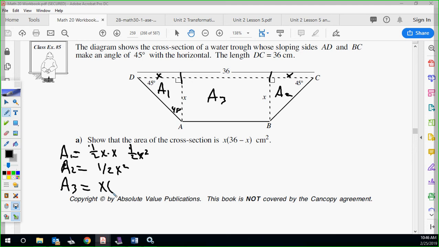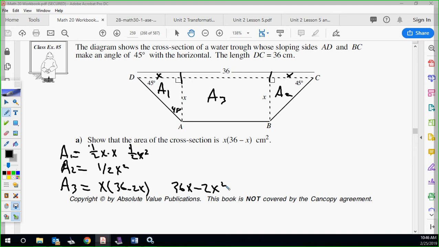So it's going to be x times 36 minus 2x is A3, which we can write as 36x minus 2x squared. So either of these ways is how you could write A3.